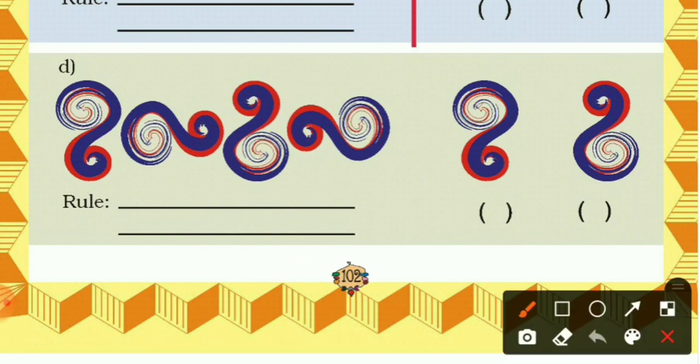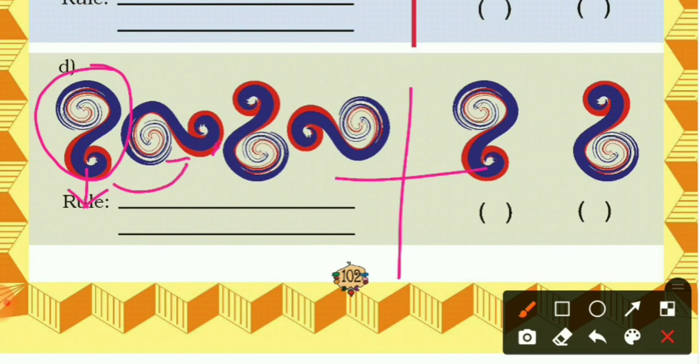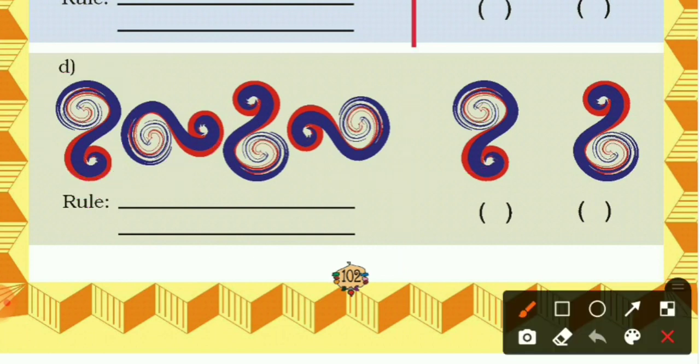Now come to the next one, D. Here you can see the first picture. Check its down face. Now in the second picture it is facing the left side. So in which direction is it going? To the left side. Let me try to make it clear.